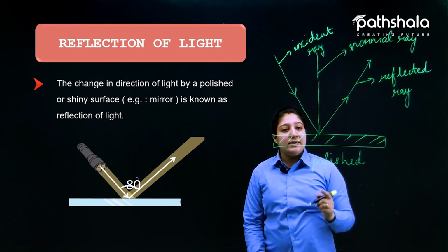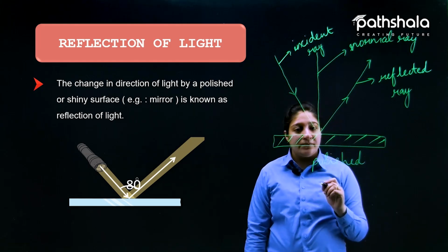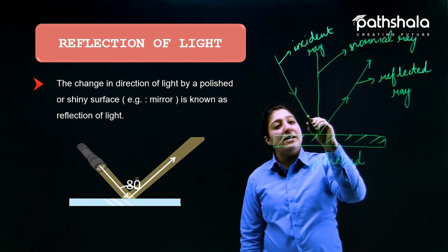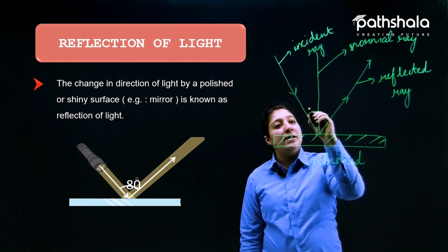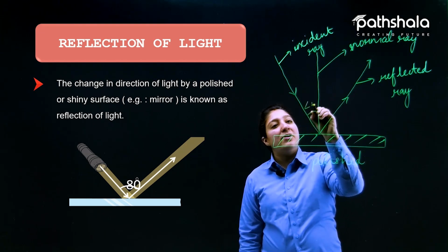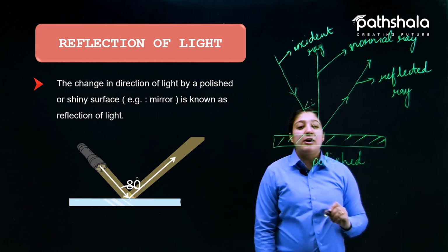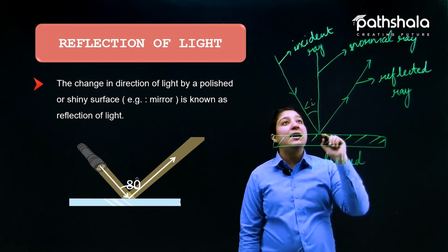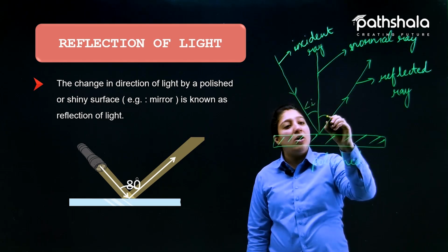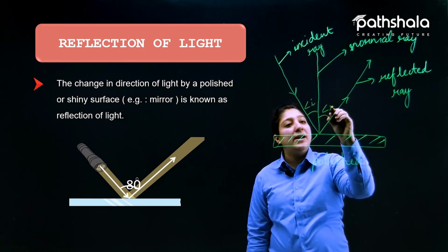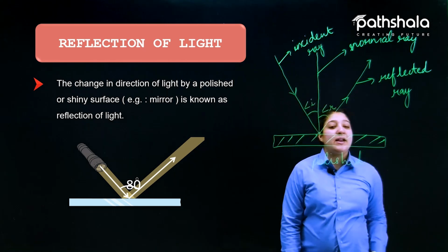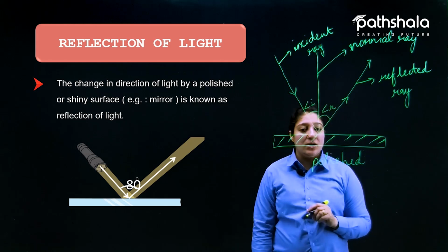Another term that comes here is the angle between the incident ray and the normal ray, which is the angle of incidence, and the angle formed between the normal ray and the reflected ray is the angle of reflection, right?